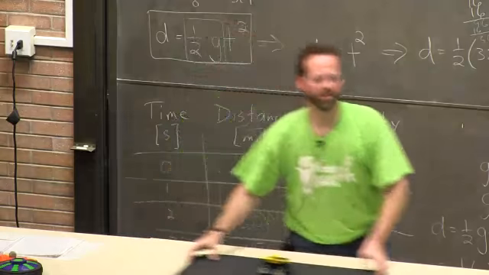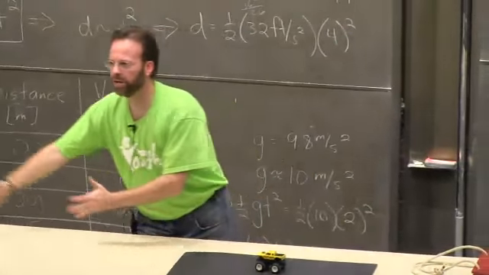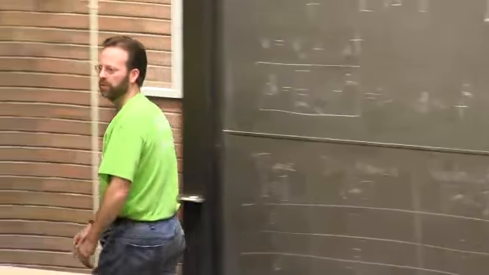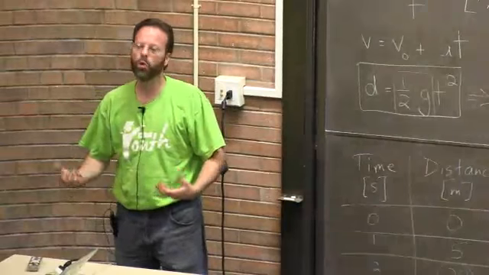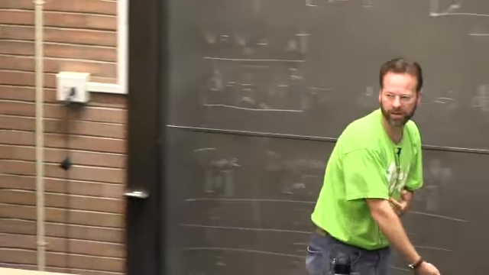So that might seem weird, but you're on a train moving at 2 meters per second, and you walk up and down the aisle at 2 meters per second. If the train stopped or moving, you're still moving the same speed relative to the train. Does that make sense?